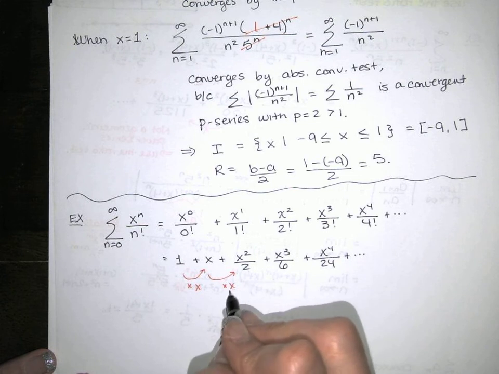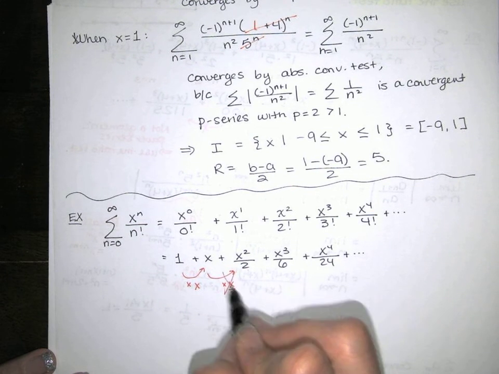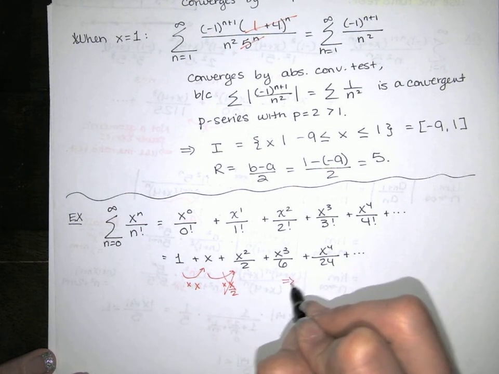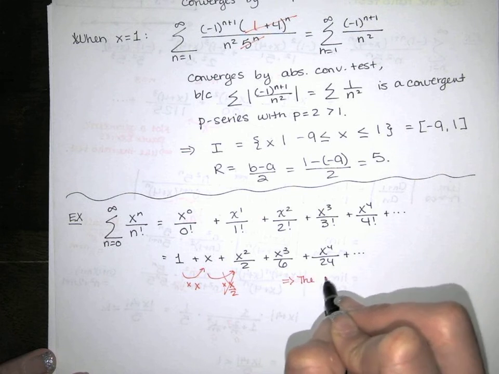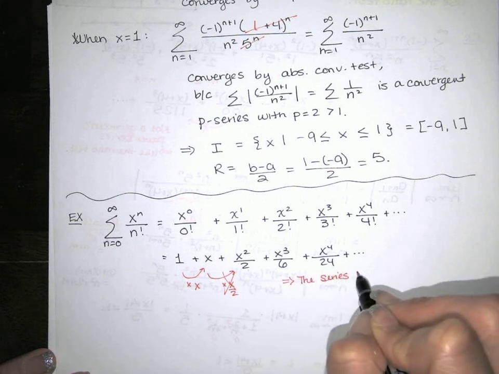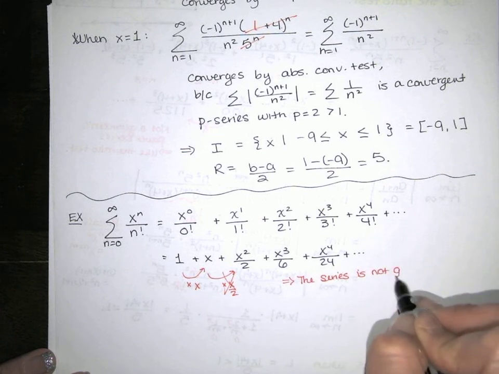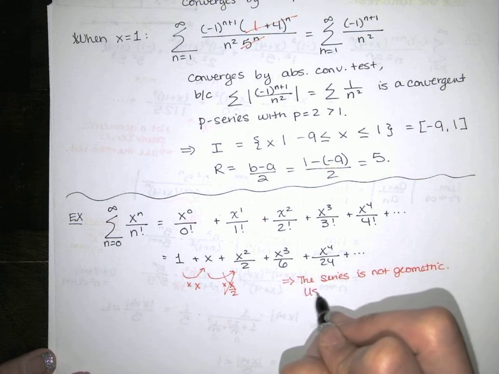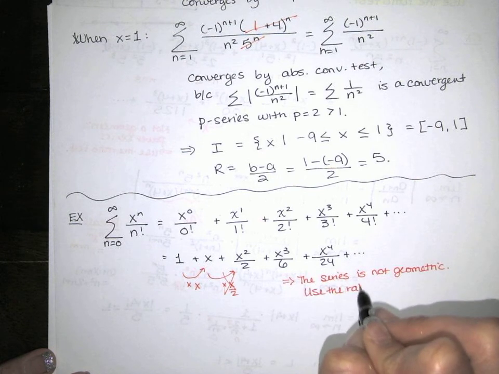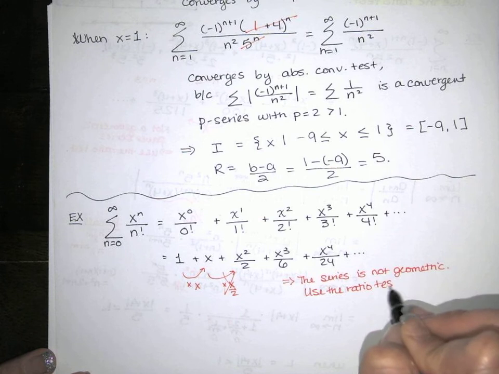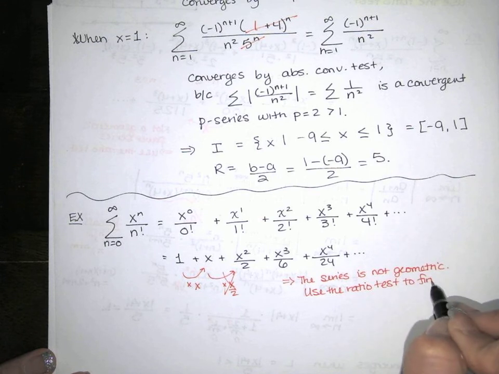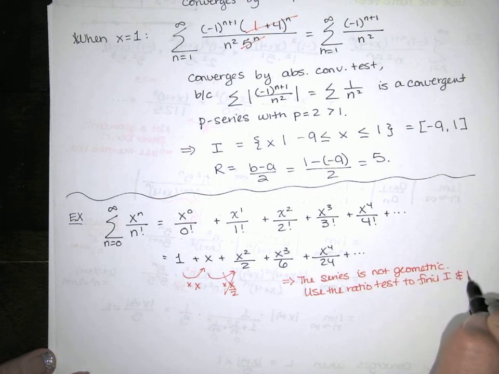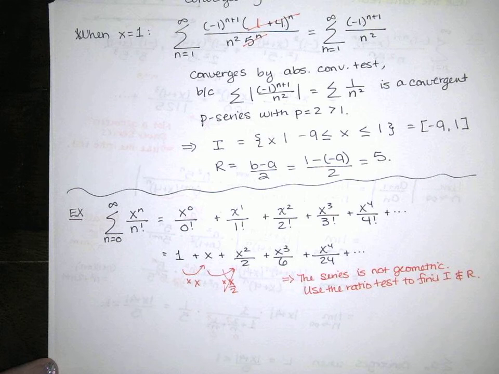No, you have to multiply that one by x over 2. So this is not geometric. And since the series is not geometric, we want to use the ratio test to find the interval of convergence and the radius of convergence.